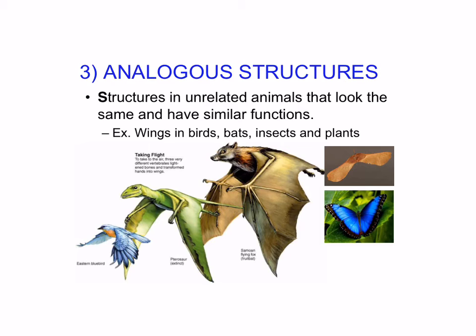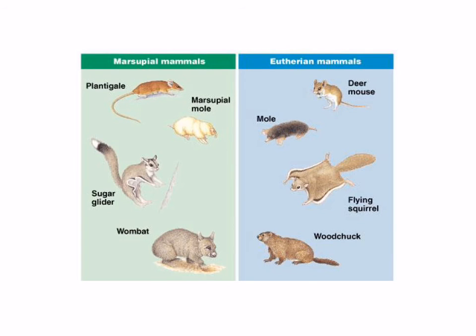unrelated organisms. We see a good example of this when we look at marsupial mammals, which live only in Australia and New Zealand, and we compare them to placental mammals, or eutherian mammals, which live in North America, Europe, Asia, and Africa. So we see a little deer mouse and a similar organism.